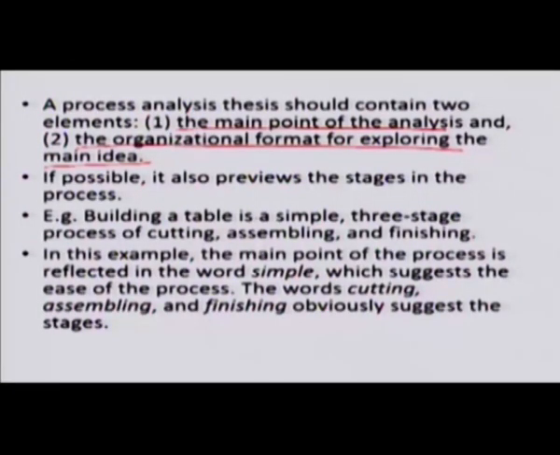Building a table is a simple 3-stage process of cutting, assembling and finishing. So, what does this thesis statement mean? Obviously, the rest of the text is going to talk about this process, how you build a table, but there are other words also here. It says it is a simple process, so it is reassuring the person who is performing it that it is going to be an easy process.